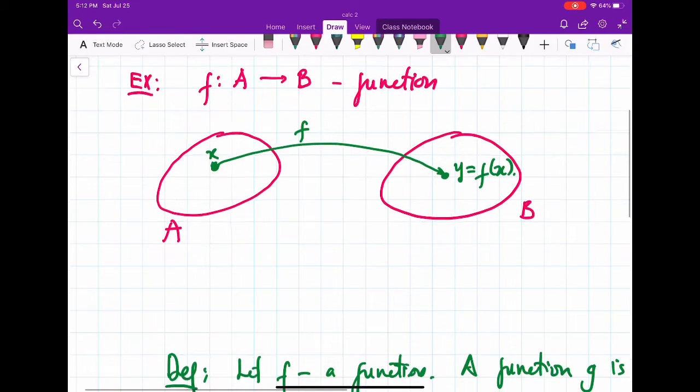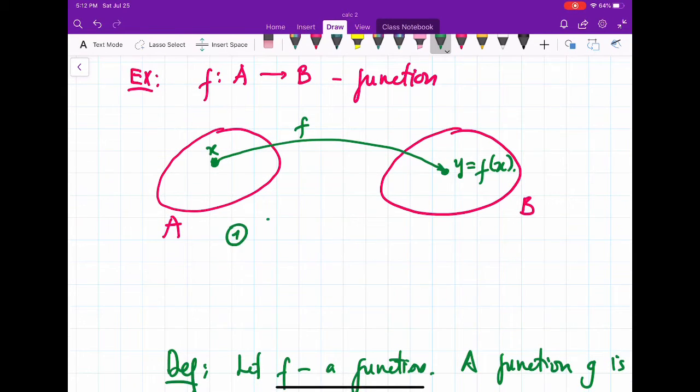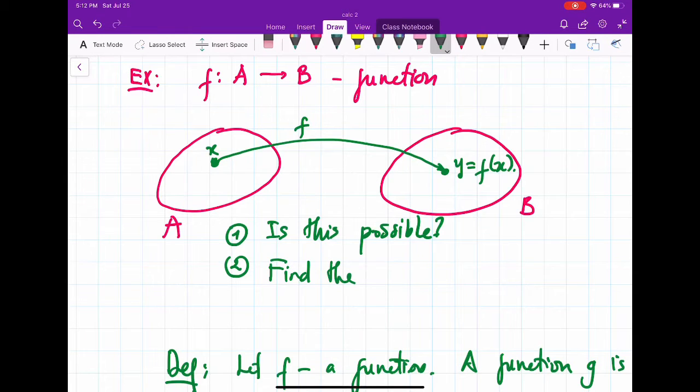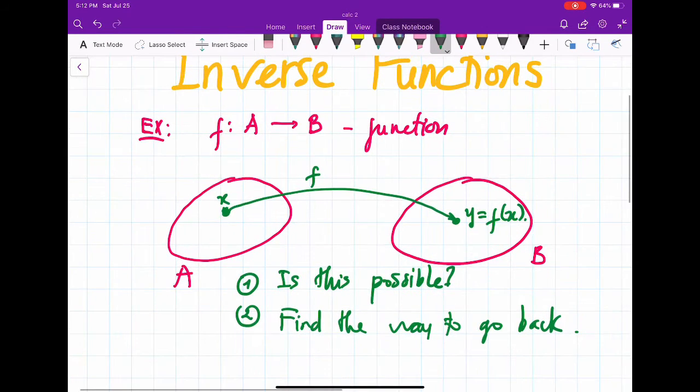The first question, is it possible or not? If that is possible, you need to find a way to go back from the point Y to the point X.